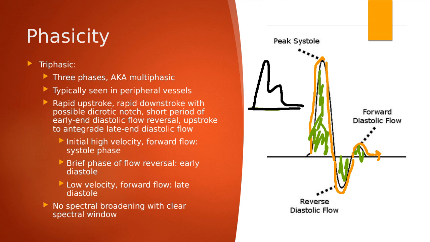We have systole, dicrotic notch, and diastole. And that dicrotic notch would represent early diastole and then late diastole after. So you can still have three phases of this waveform, of this cardiac contraction, without that middle phase or that early diastolic phase being flow reversed. And that all has to do with the amount of pressure in that ventricle at that time.